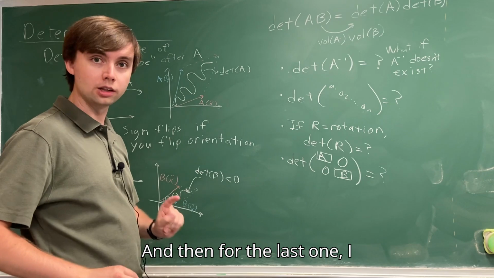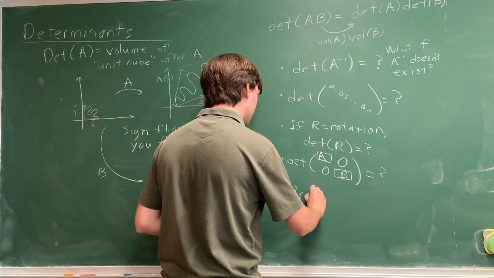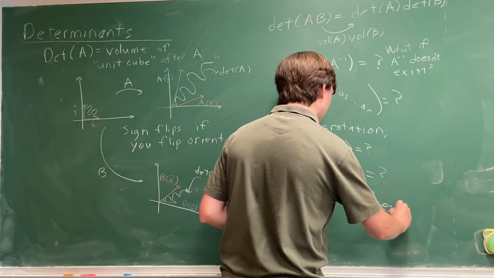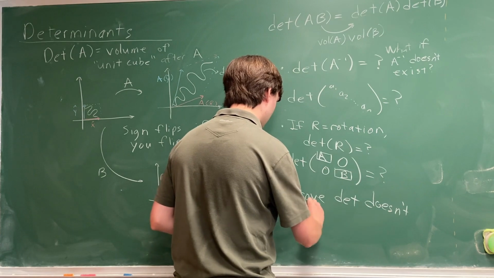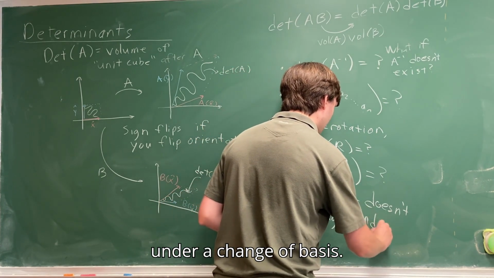So this isn't a diagonal matrix, but you can block it out into diagonal things. And then for the last one, I want you to prove that the determinant doesn't change under a change of basis.